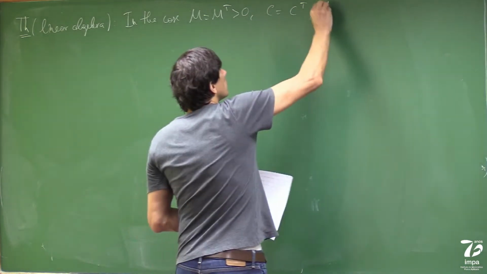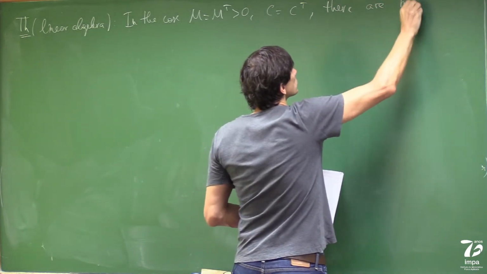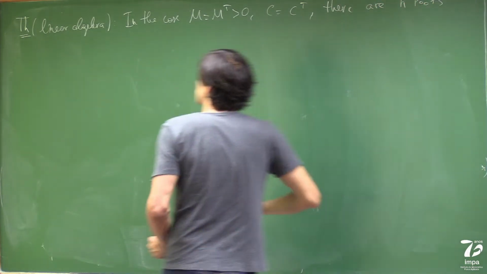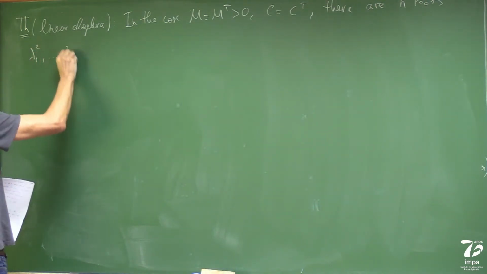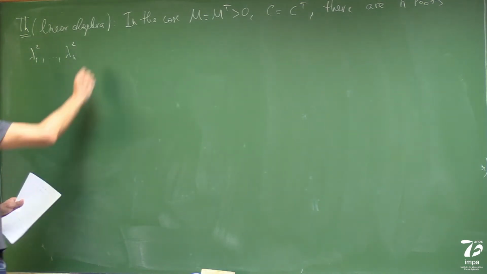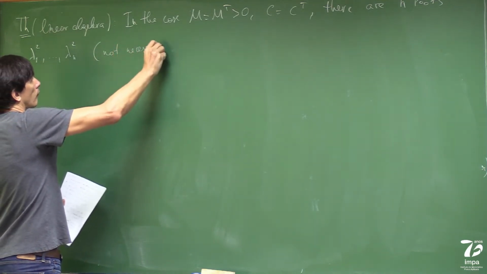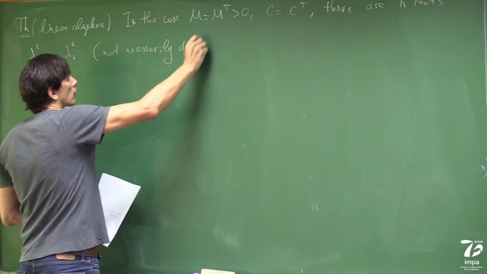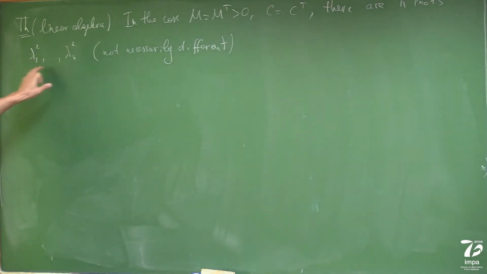there are n roots, not necessarily different. So that's our roots of the polynomial. They can be repeated, so some of them can be equal.